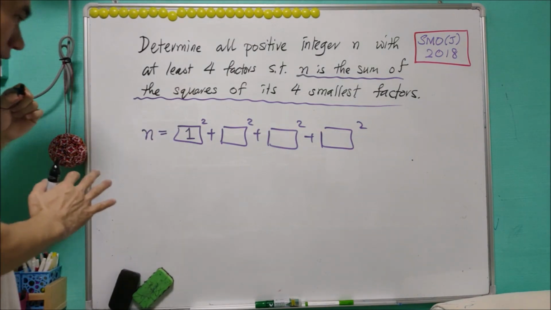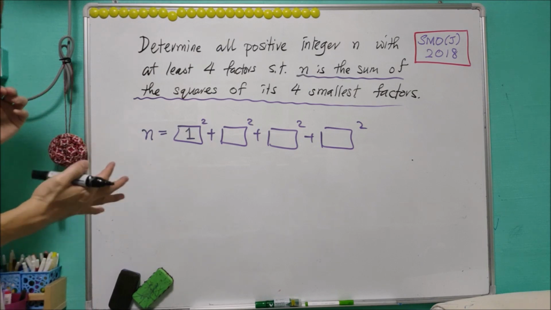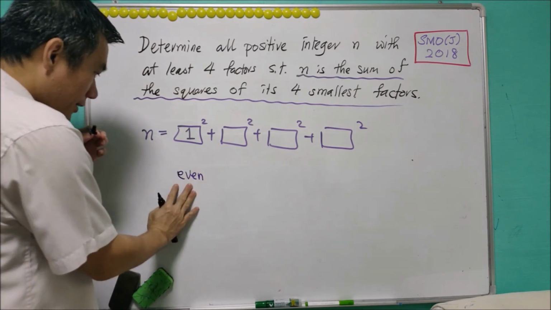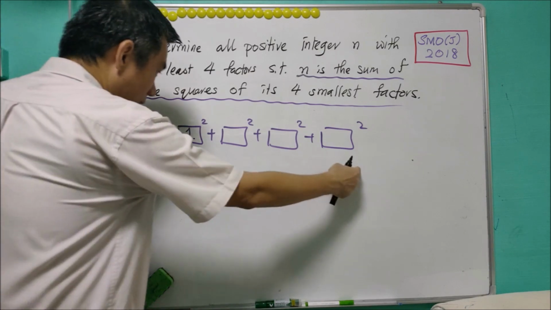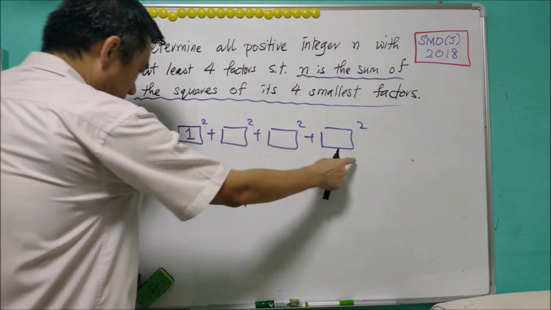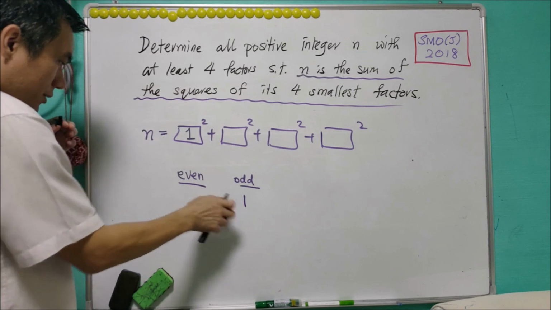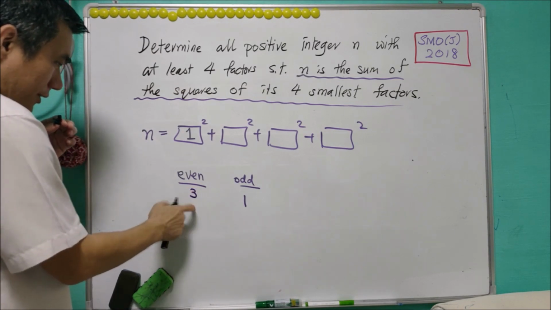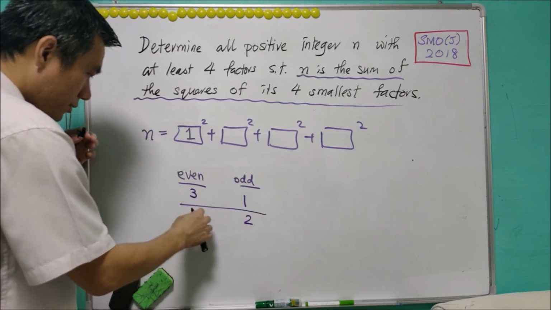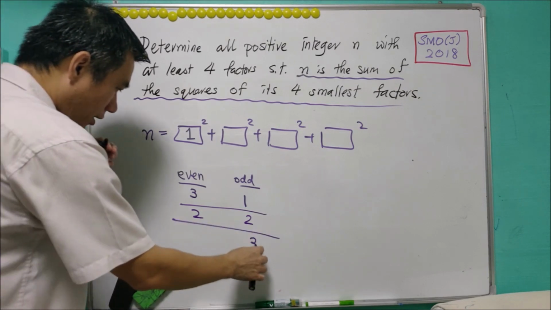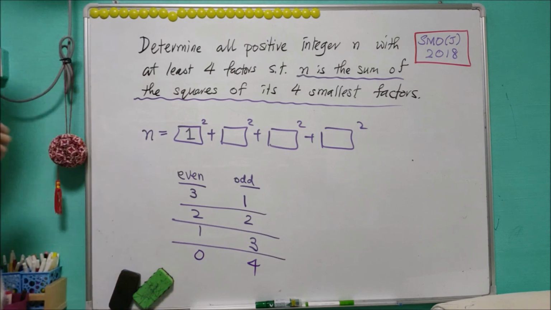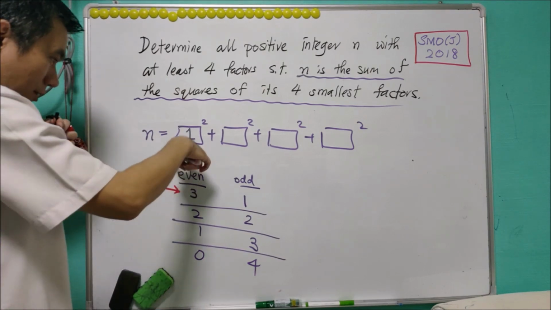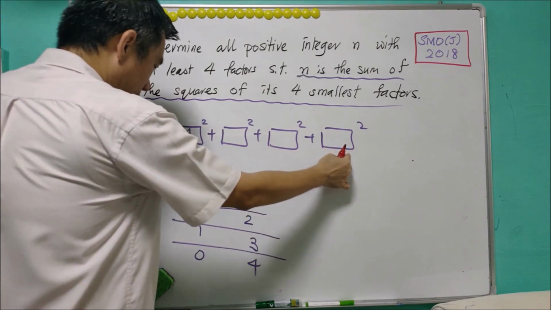Now we just need to consider the cases where we have even factors and odd factors. There must be at least one odd number among these. If 1 odd, then 3 even; 2 odd, 2 even; 3 odd, 1 even; 4 odd, 0 even.